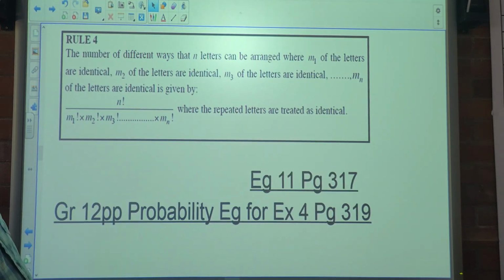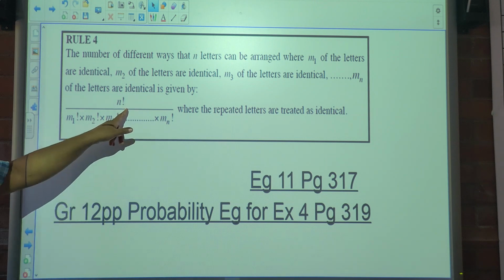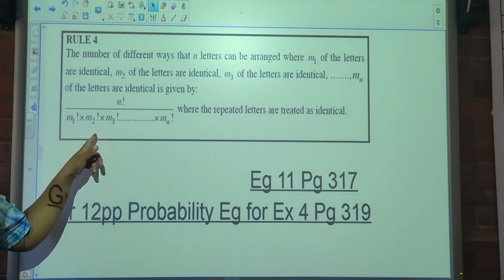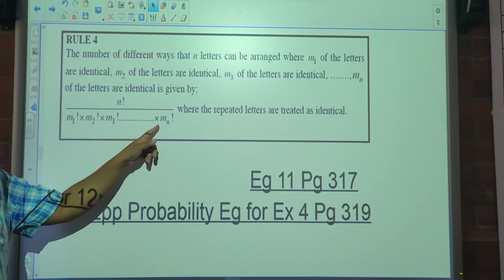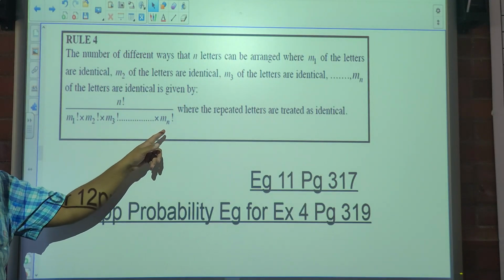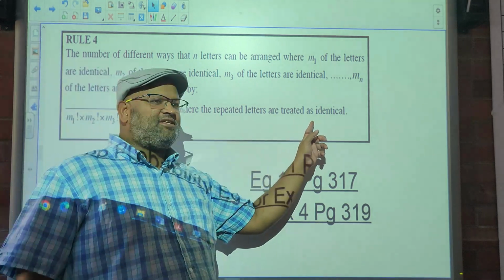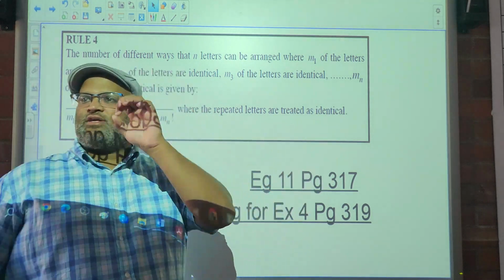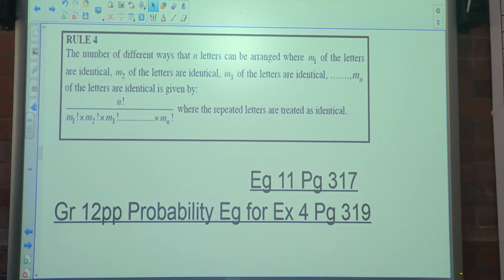We are told that the number of different ways that n letters can be arranged, where m1 of the letters are identical, m2 of the letters are identical, m3 of the letters are identical, and so on, is given by n factorial over m1 factorial times m2 factorial times m3 factorial, and so on, where the repeated letters are treated as identical. So if they tell you that the repeated letters are identical, this formula should pop up in your mind.